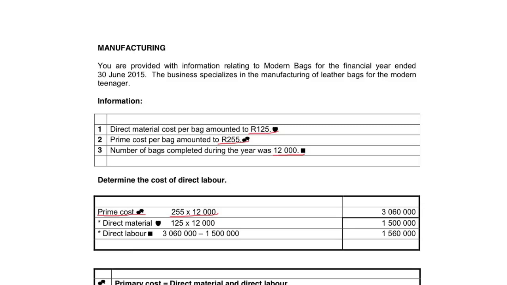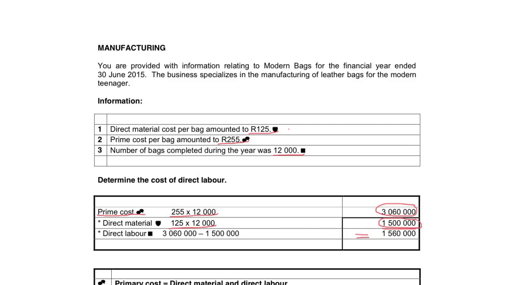For the direct material, I will take this 125, multiplied with 12,000, and that will give me the 1,500. Now, I already know that primary costs consist of direct material plus direct labor. So if I take my primary cost, the 3060, and I subtract the direct material 1,500 from it, it will give me my direct labor.